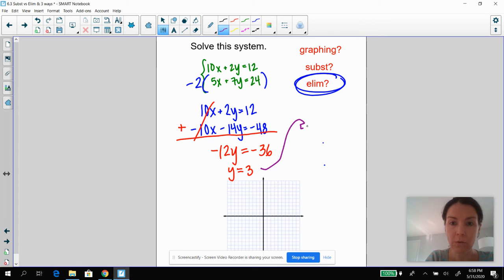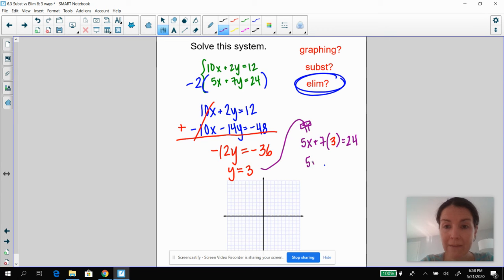So remember, the cuteness and the quality of your plug really matters. Okay, so I'm going to plug it into either one of those equations. So I'm going to choose the second one, 5x plus 7, and now instead of y, I'm going to plug in 3. So I'm using substitution here. And then equals 24.